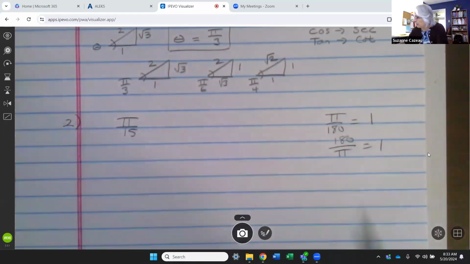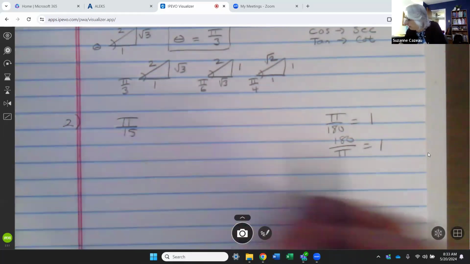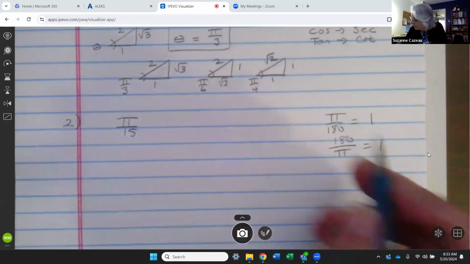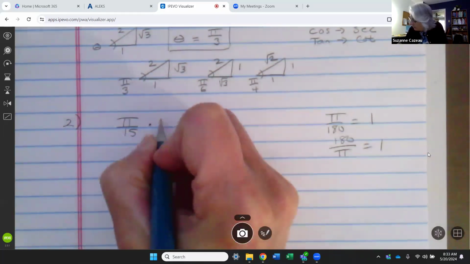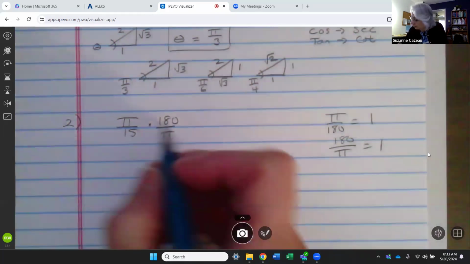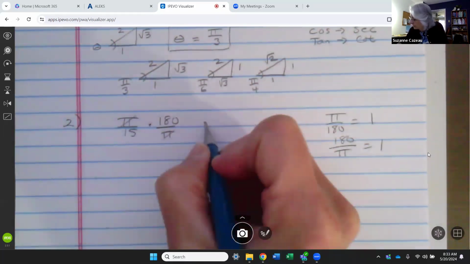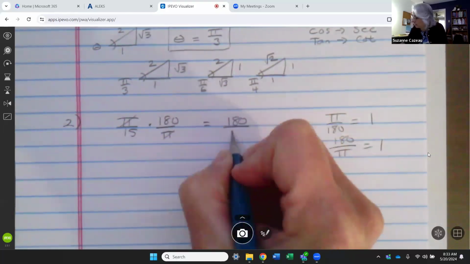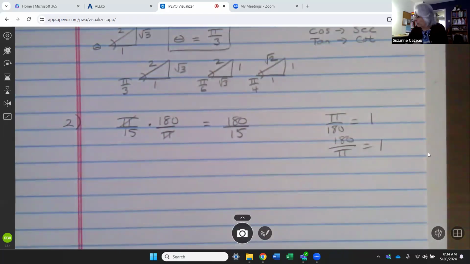So I'm going to get rid of the pi. I'm going to use this 180 over pi because I want the pi's to cancel. Now that the pi's cancel, all I have to do is reduce 180 over 15. There's a number of ways you could do that.